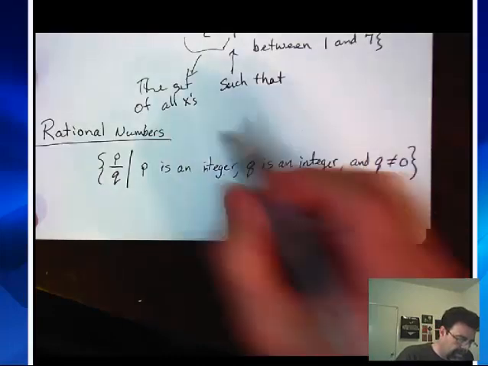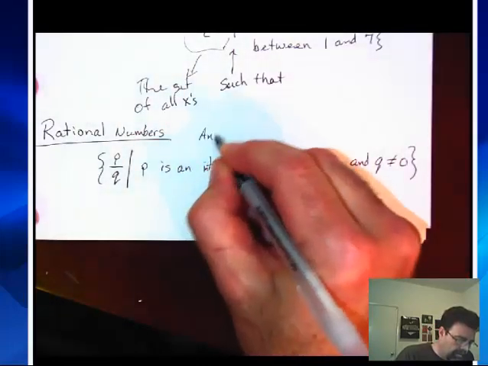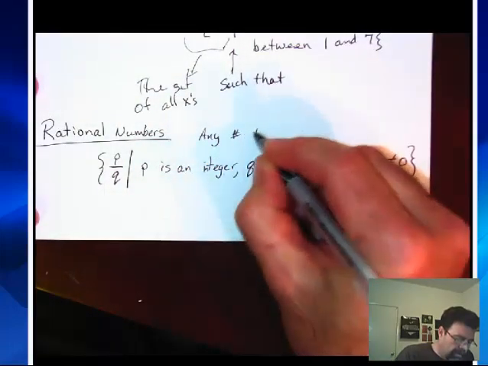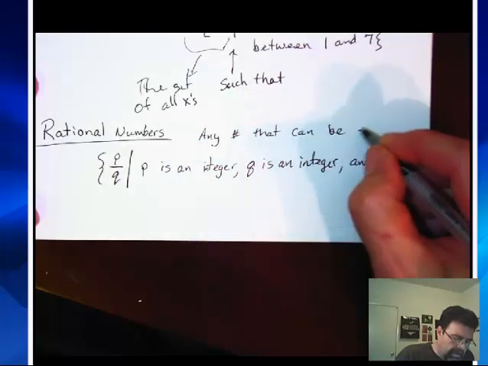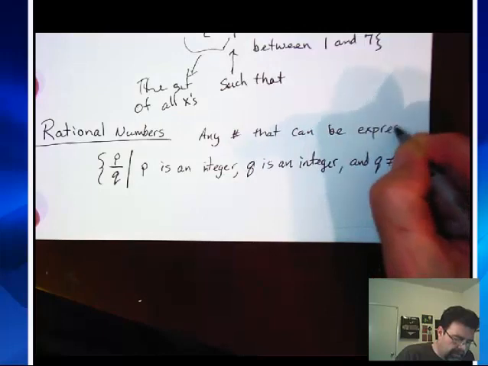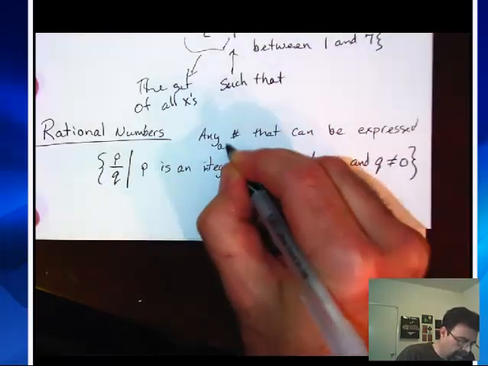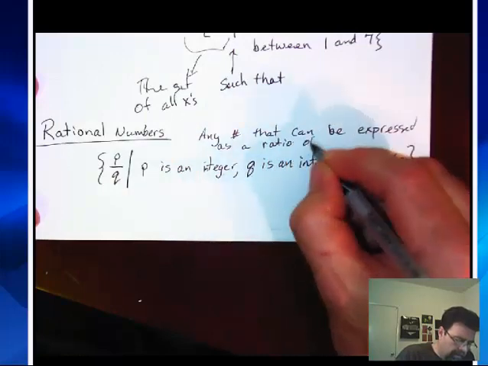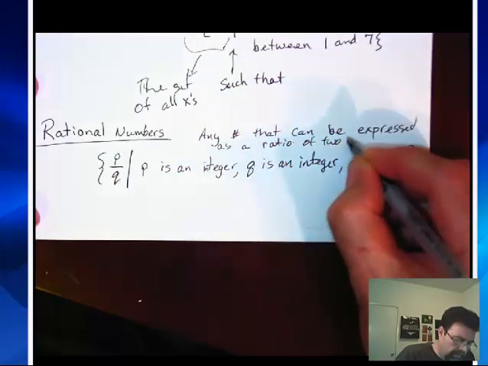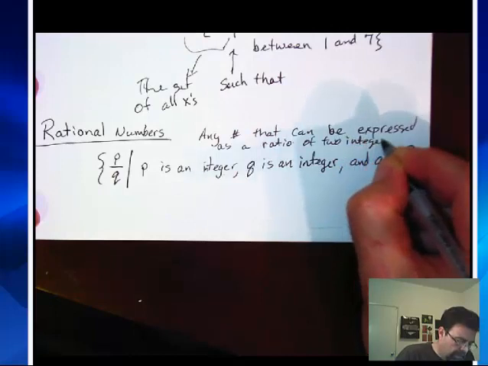Okay, so that's the way we describe the rational numbers. So in words we can say any number that can be expressed as a ratio of two integers.